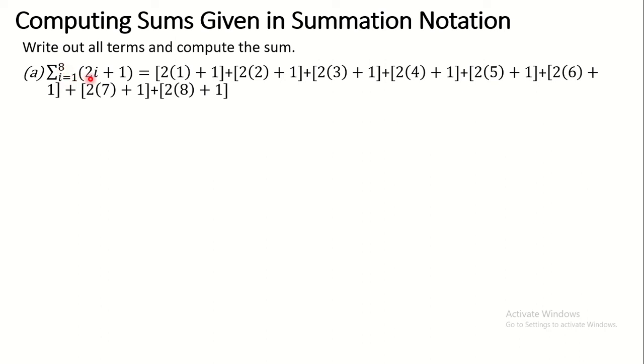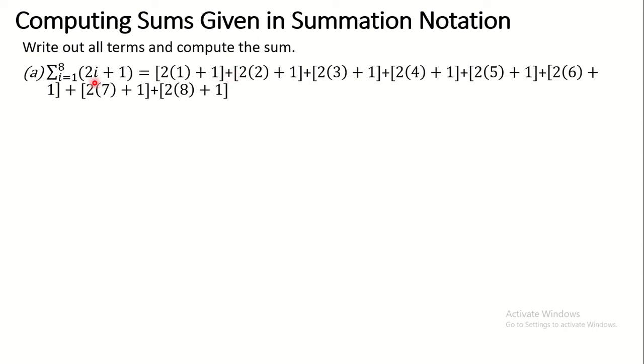Okay, so we're going to evaluate this one. Itong 2i plus 1, i-evaluate natin from i is equal to 1, is equal to 2, is equal to 3, up to i is equal to 8. Okay, so if we have i is equal to 1, we have 2 times 1 plus 1.